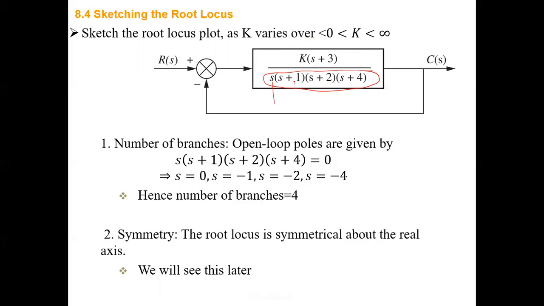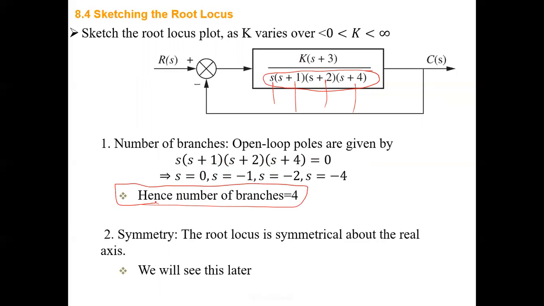S equals 0, S equals -1, S equals -2, S equals -4, right? I don't care about the actual numbers for now, but how many? 1, 2, 3, 4. That's why I have 4 branches. The number of branches will be 4.